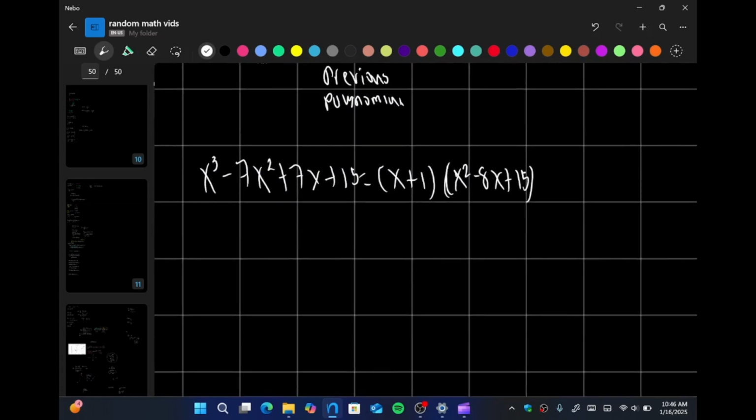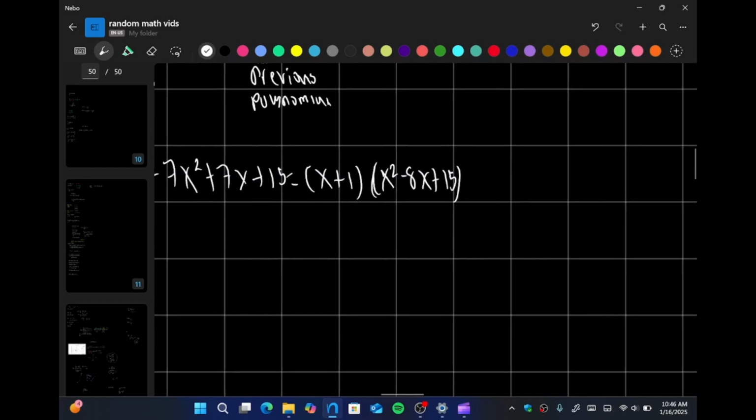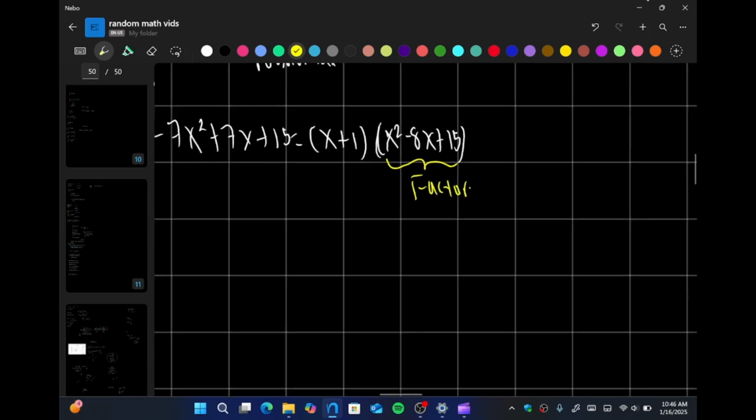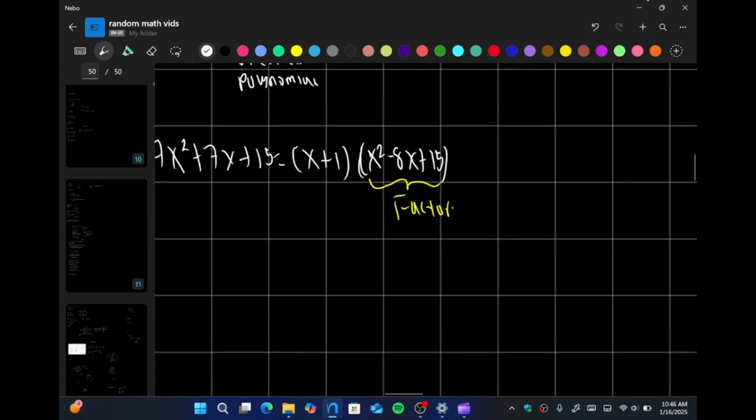So now we're going to factor this part. I'm just going to tell you what it is. You want two numbers that multiply to 15 and add to negative 8.